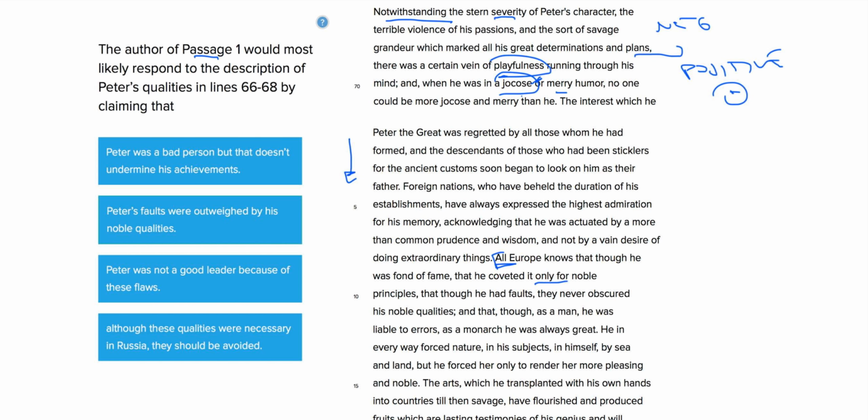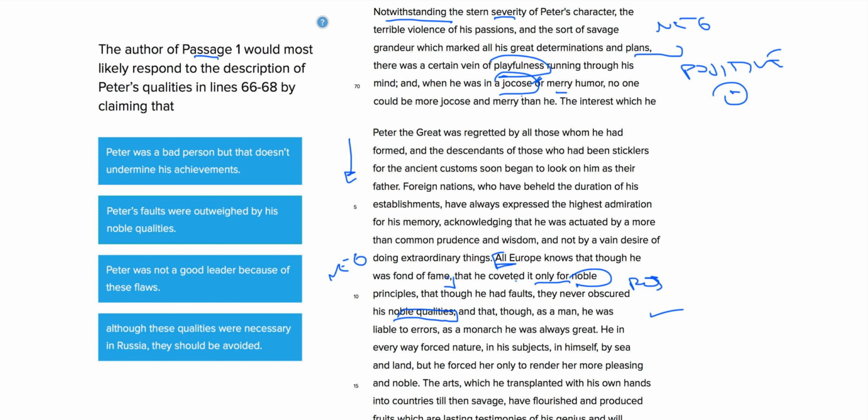Because of the word "only," it looks like we have something negative again, but after the comma we're introducing another positive, noble qualities, even though he liked fame. "That though he had faults, they never obscured his noble qualities." So there are negative things about him, but overall he's a positive character.